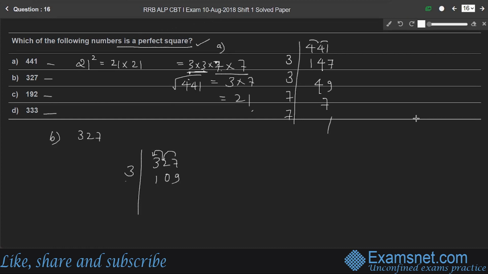Not by 15 or 17. No, 109 is not divisible by 17. Then 19. No, so no need to go for any of the remaining numbers. So 327 is not a perfect square number, right? So similarly, you can go for 192 and 333, which are not perfect square numbers. Only 441 is a perfect square number. Option A is the right answer.